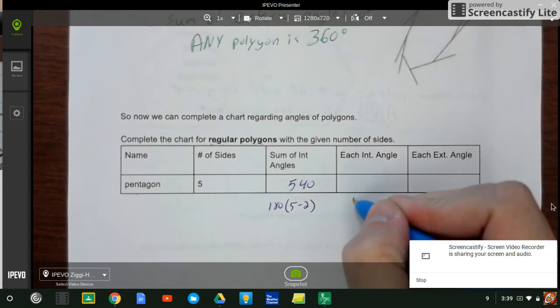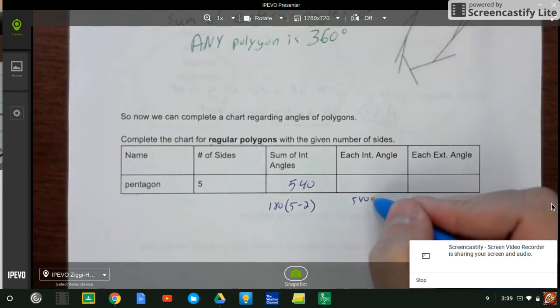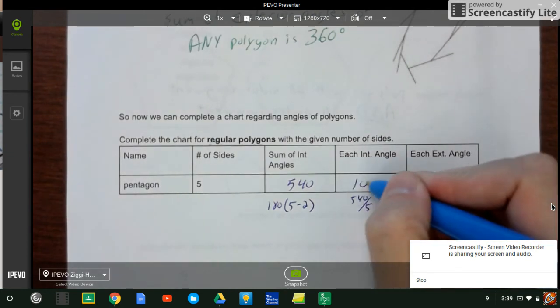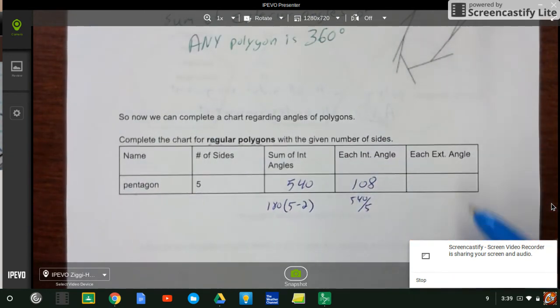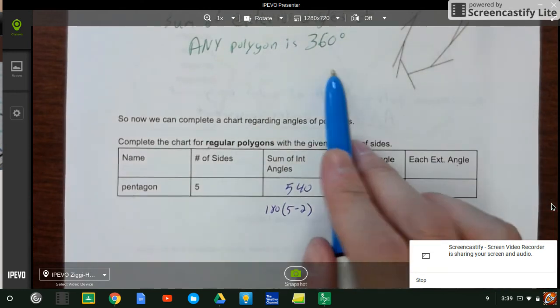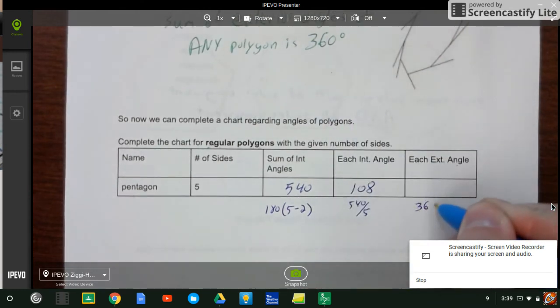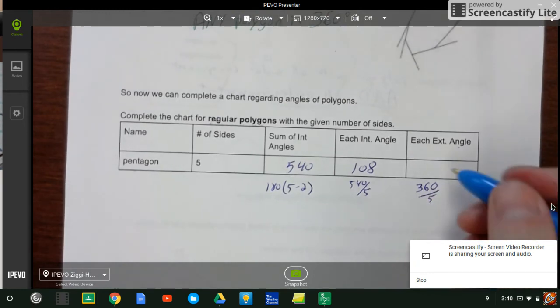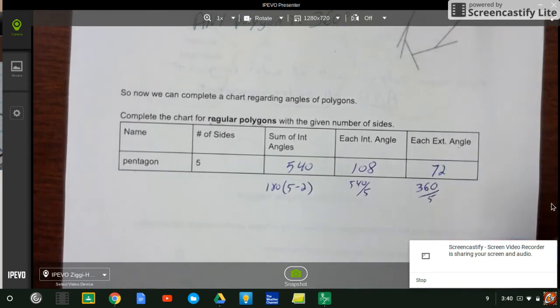So I'm going to take that 540 for the sum of them and divide by 5 sides. And when I do that, I get 108. Each exterior angle, well, all of them together add up to the 360. So if I take 360 and divide by 5 sides, well, that gives me 72 degrees for each angle.